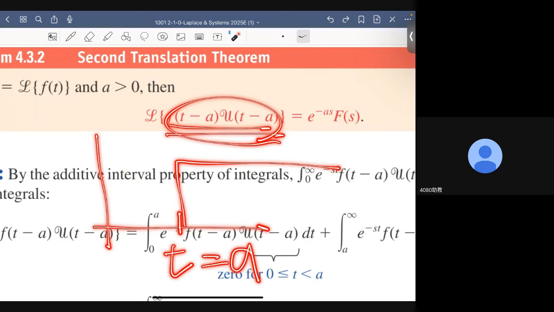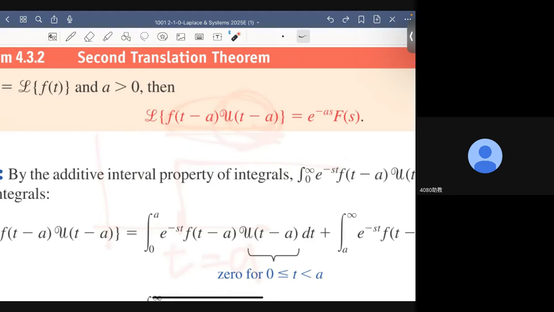Because when t is less than a, the definition of the unit step function tells us that its value has to be 0. Okay? So this is actually a time delayed version of f.